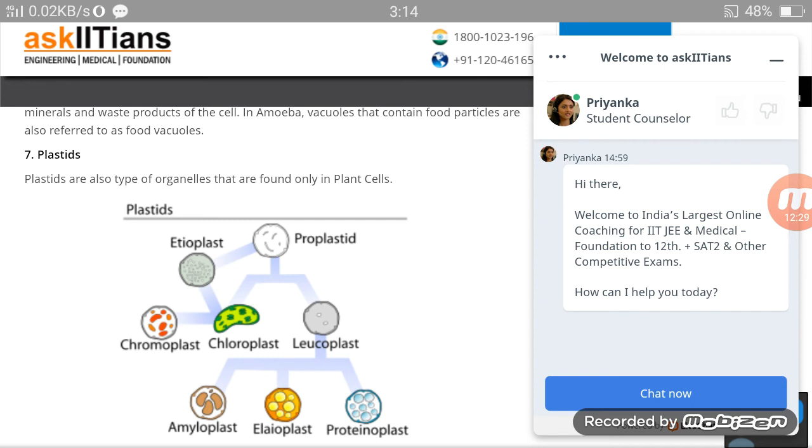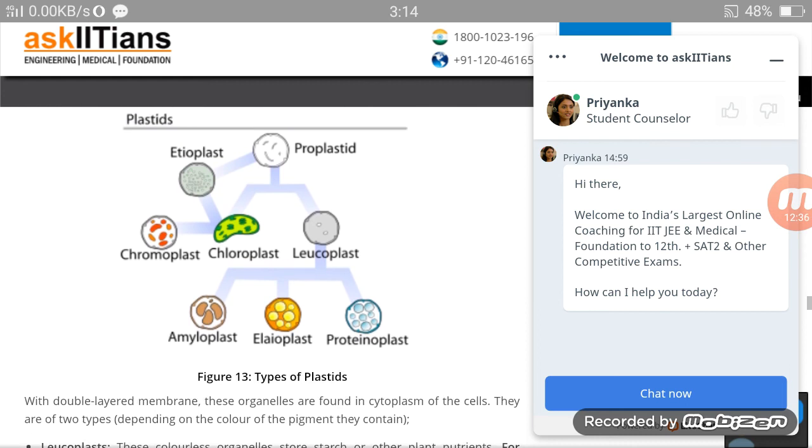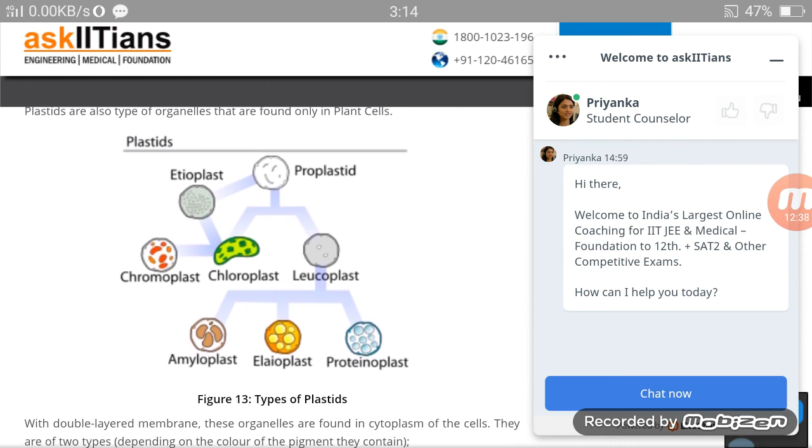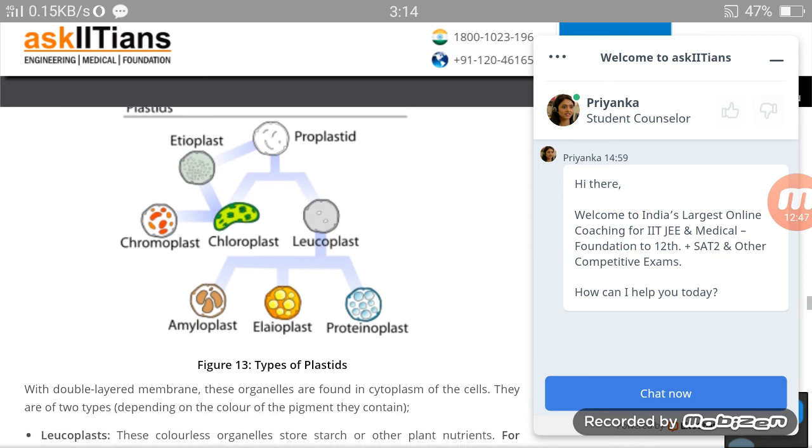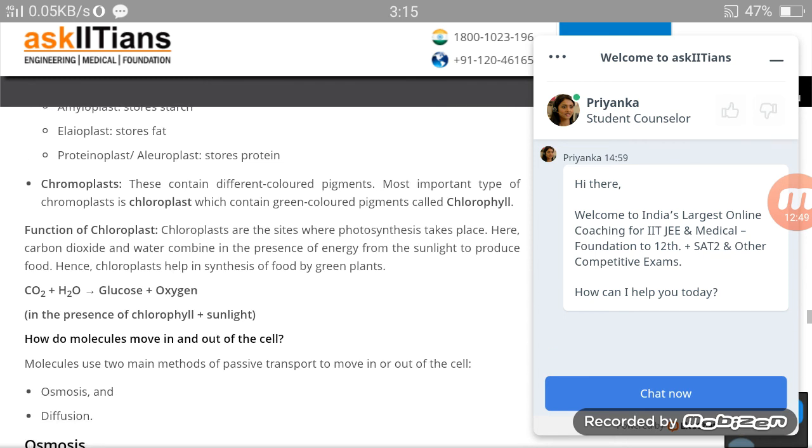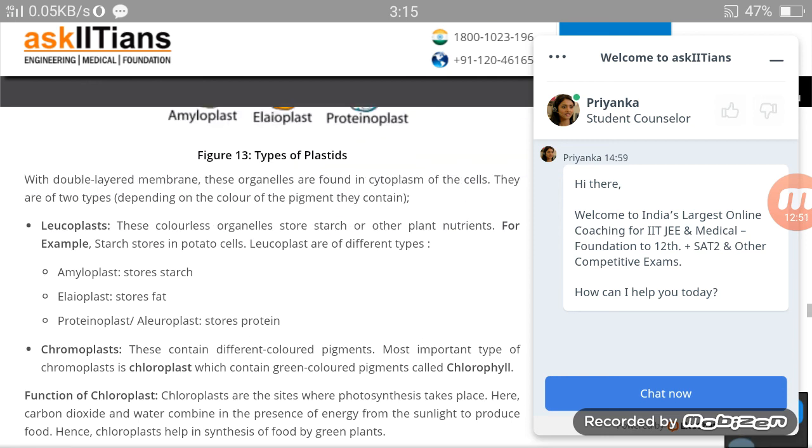But now we are going to study plastids, which are only present in the plant cell. So I would like to show you these diagrams: plastid, etioplast, proplastid, chromoplast, chloroplast, leucoplast, amyloplast, elaioplast, proteinoplast. We will study them in a bit more detail.